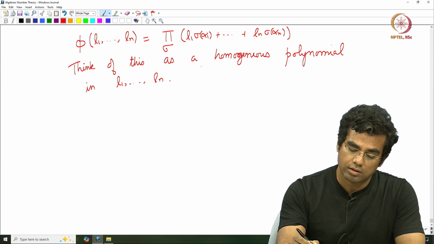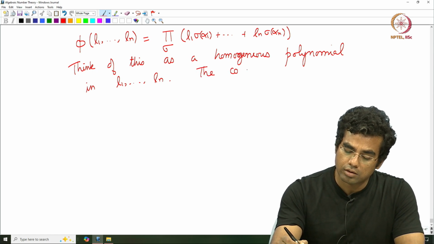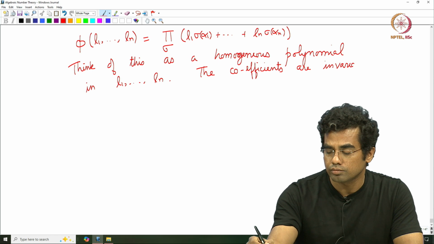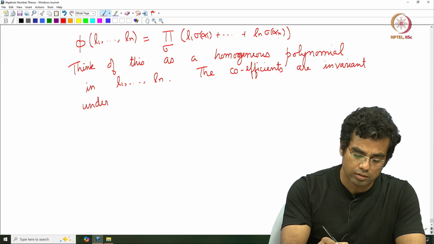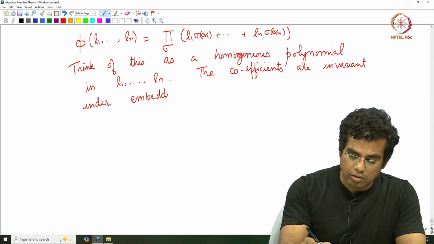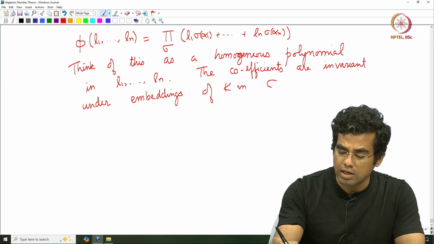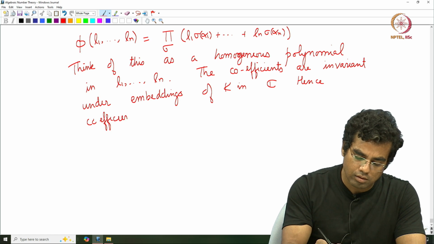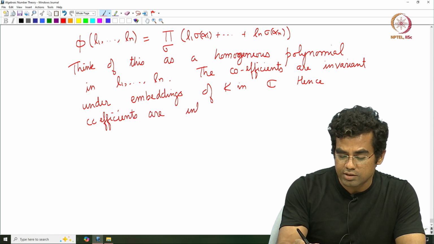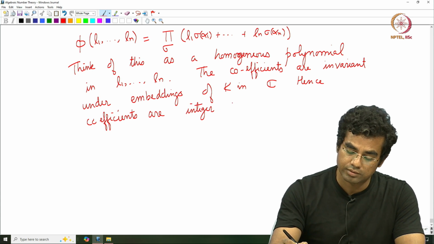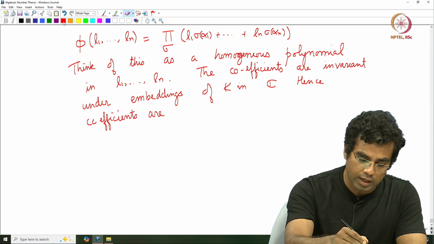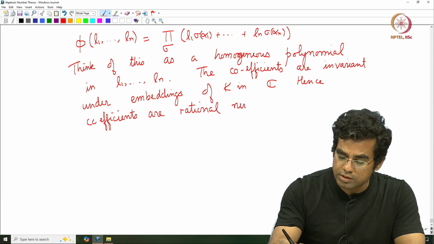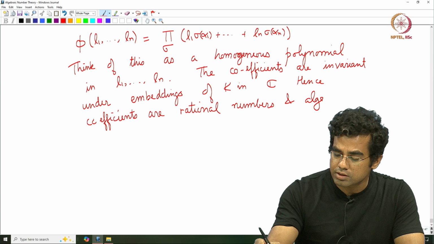But you see that because of the symmetry, the coefficients are invariant under embeddings of k in C. This means the coefficients are rational numbers, first of all, and algebraic integers.